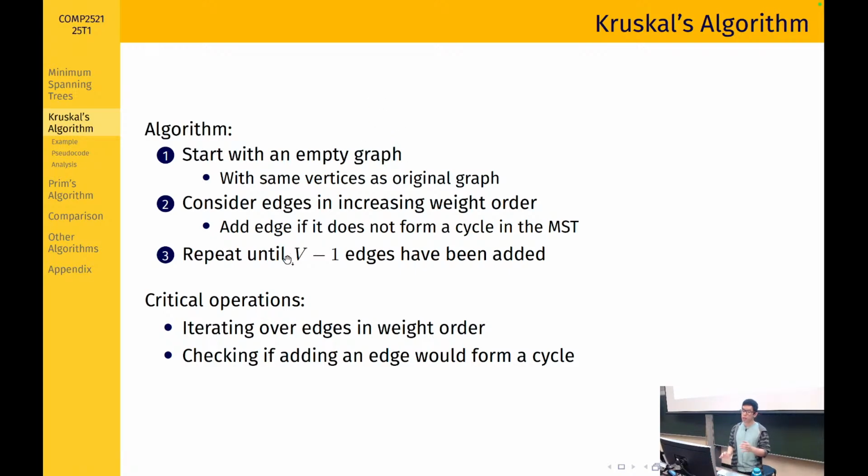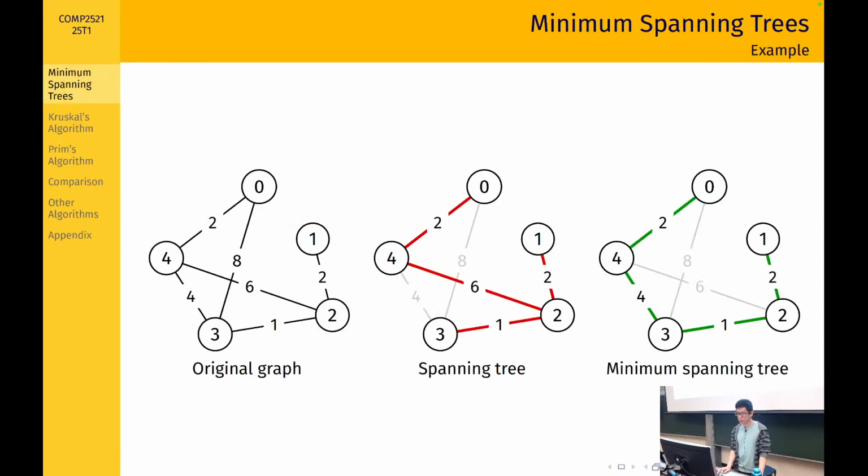The way we know whether we have a spanning tree yet is if V minus 1 edges have been added. That's because if a graph has V vertices, then its spanning tree has V minus 1 edges. We can show an example of that here: the graph has 5 vertices and the spanning trees have 4 edges.